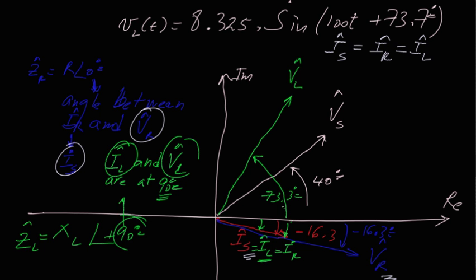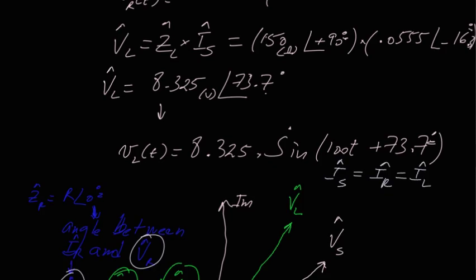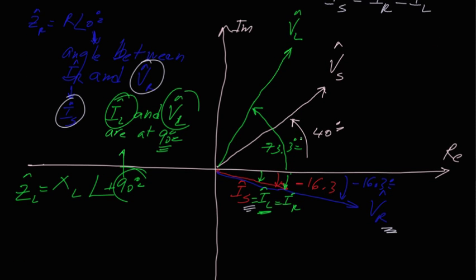If I take 73.3 and add to it, I mean 73.7, I think. 73.7, I'm sorry, it's not 73.3, it's 73.7. If I take 73.7 and 16.3 and add them up, ta-da, 90 degrees. So from this current here all the way to here is 90 degrees.